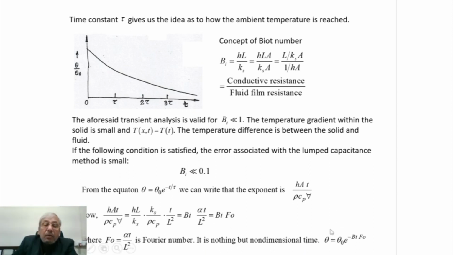And we can now write theta equal to theta naught e to the power minus t by tau. Instead of that, we can write theta equal to theta naught e to the power minus Biot number into Fourier number.